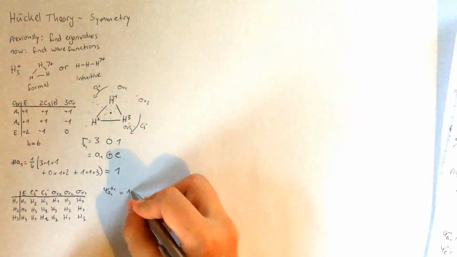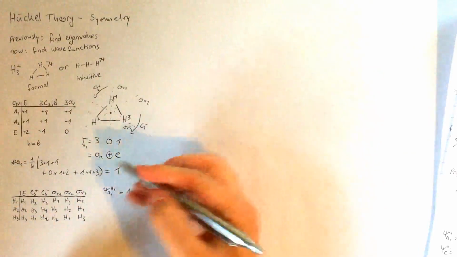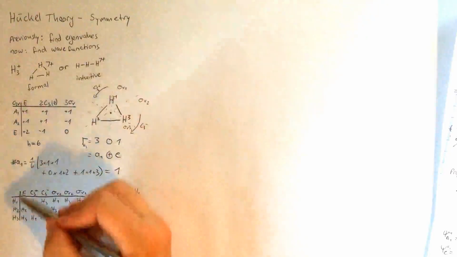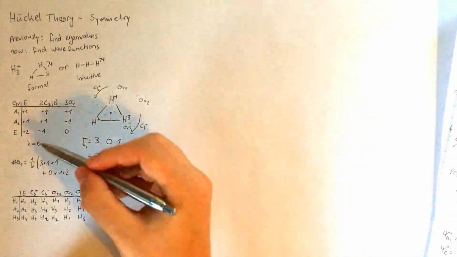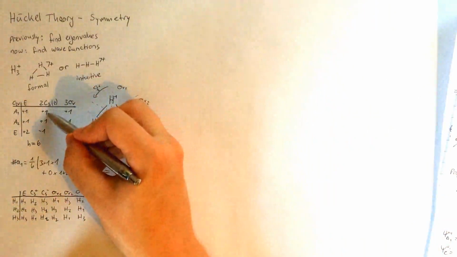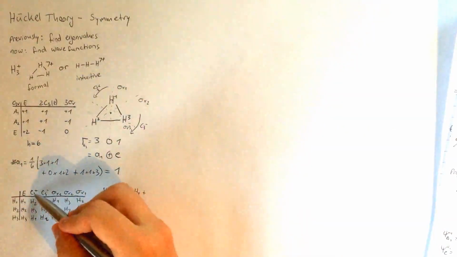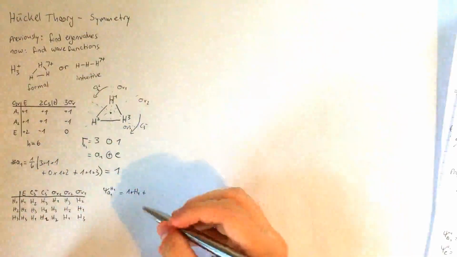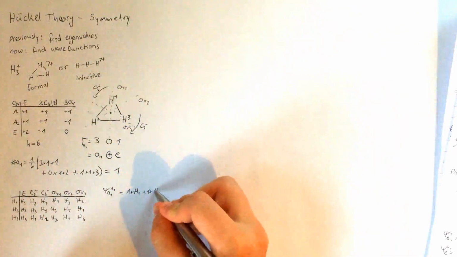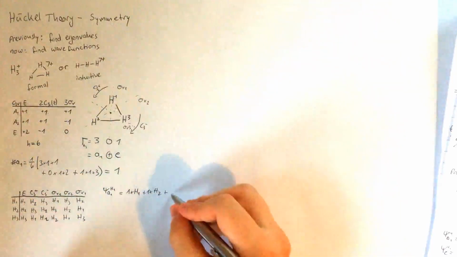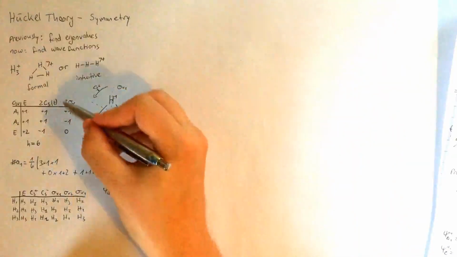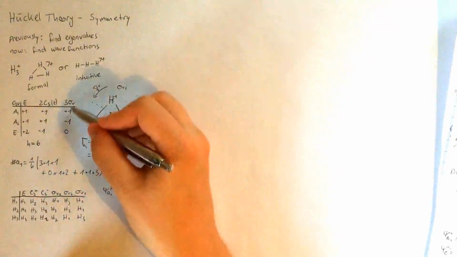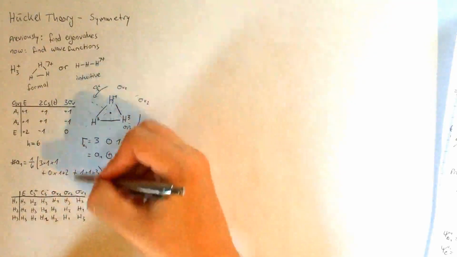So it's 1 times H1, because there's a 1 here and H1 here. Then plus, again, the character of A1 is 1, and under C3 plus it moves to H2, so 1 times H2, plus 1 times H3, plus 1 times H1, 1 times H3, 1 times H2.